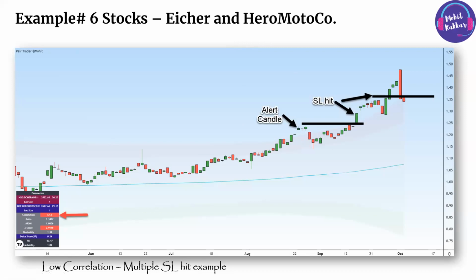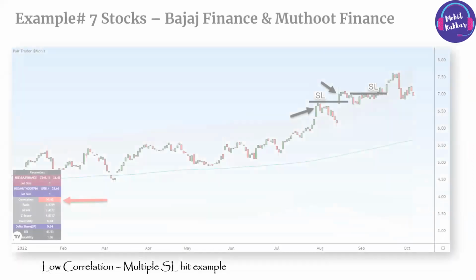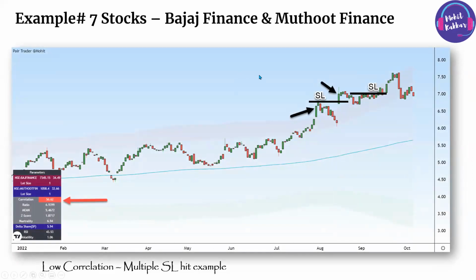Although they do the same kind of business and have the same kind of price structure, and all the theory we learned about convergence and divergence is the same, still do not go ahead if the first condition is not met. Another example is Bajaj Finance and Muthoot Finance. Here itself, this was the alert candle. This was the swing high, the stop loss candle. There was some news. The stop loss got hit. Even if we want to re-enter or do averaging here, again the stop loss was hit.